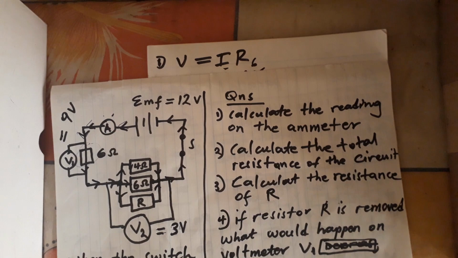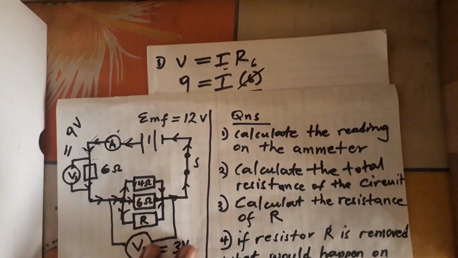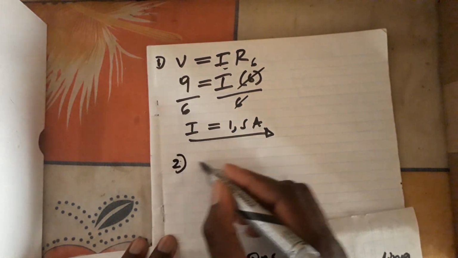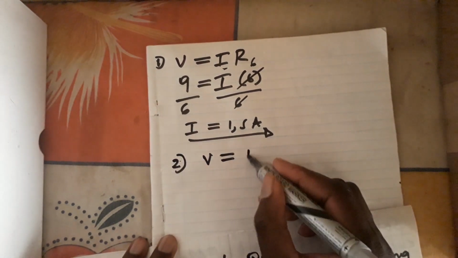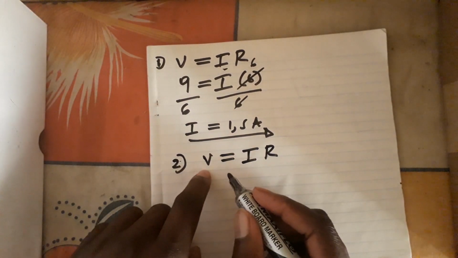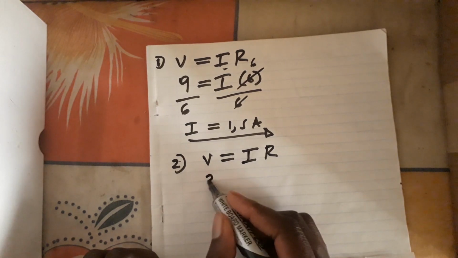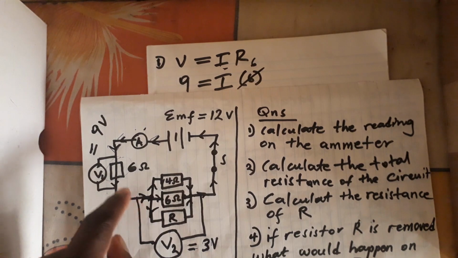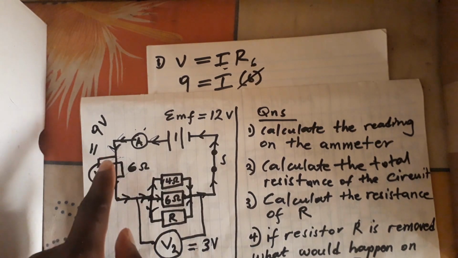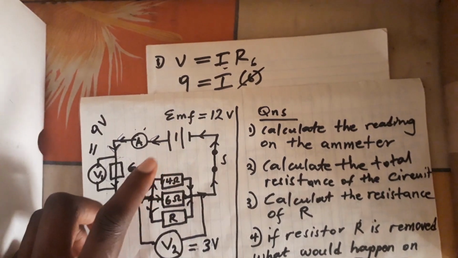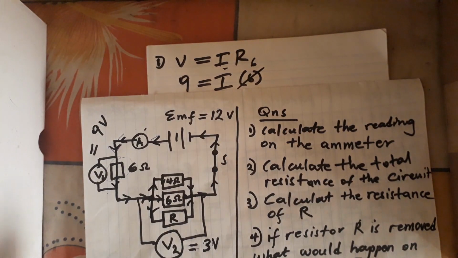So what are we gonna do? We're gonna say number 2, V equals IR. What is the potential difference? They said it is 3. When we combine the current of this and this and this, it is going to be the same as this one, because the current that is going to pass here is the very same current that is supposed to split here. We are going to take the parallel resistors as a single resistor.